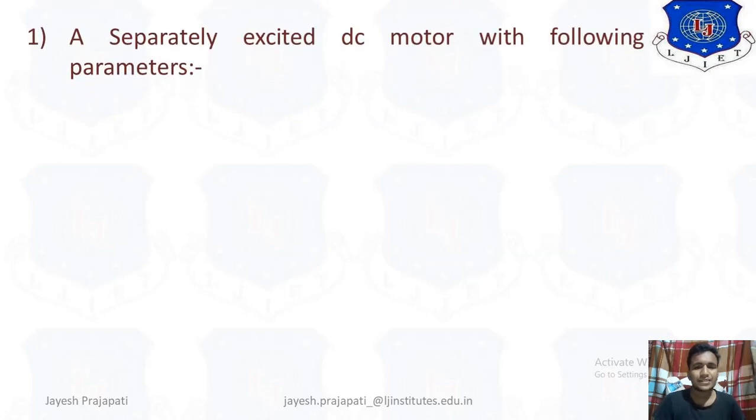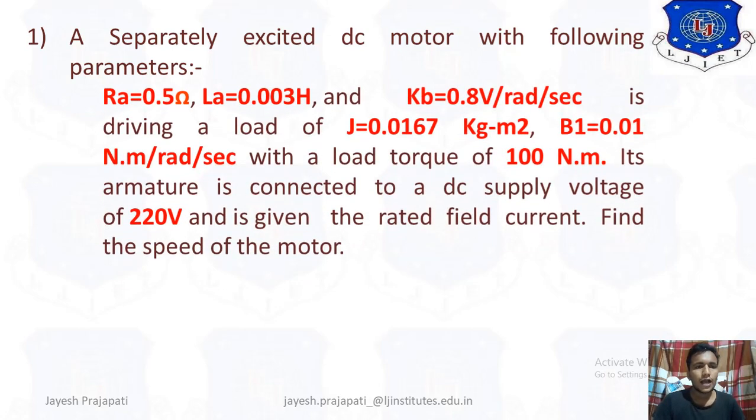A separately excited DC motor with the following parameters: Ra is equal to 0.5 ohm, La is equal to 0.003 Henry, and Kb is equal to 0.8 volt per radian per second, is driving a load of J is equal to 0.0167 kg meter square, B1 is equal to 0.01 Newton meter per radian per second, with a load torque of 100 Newton meter.